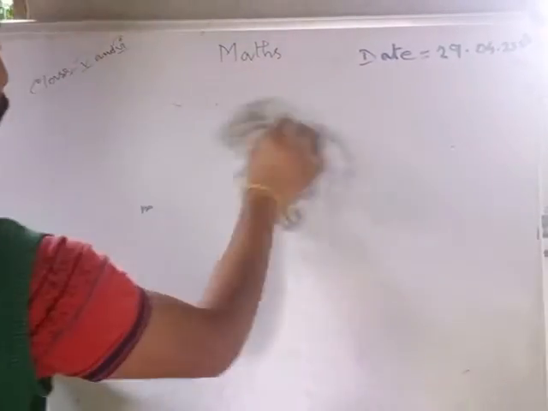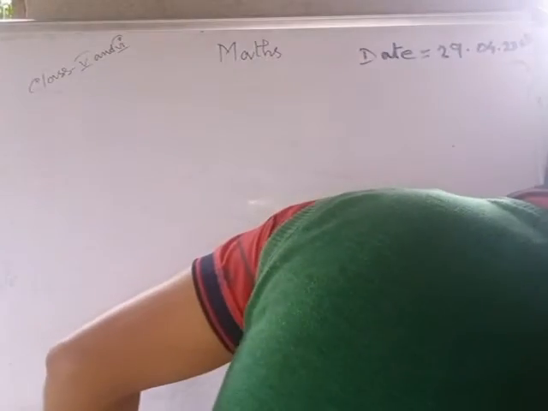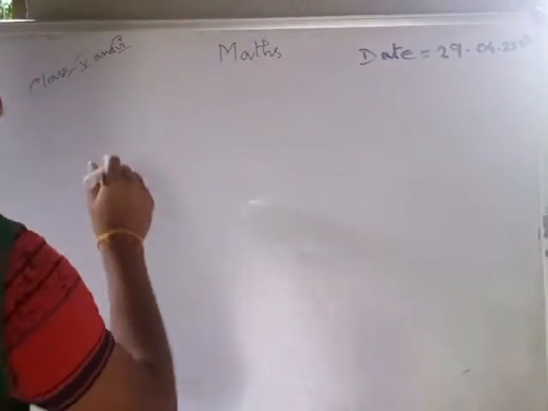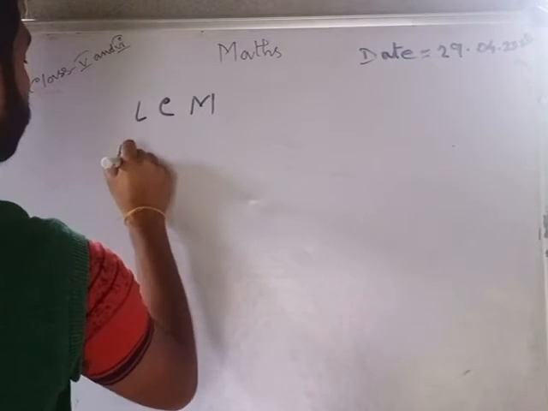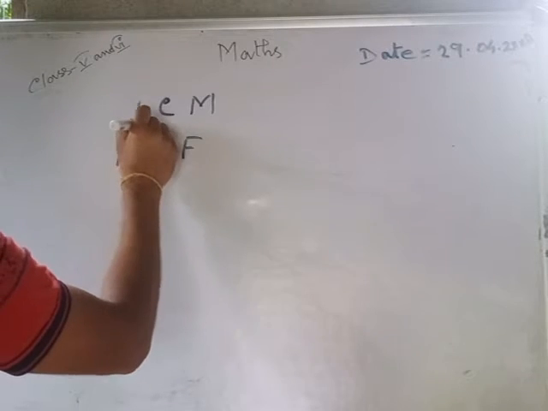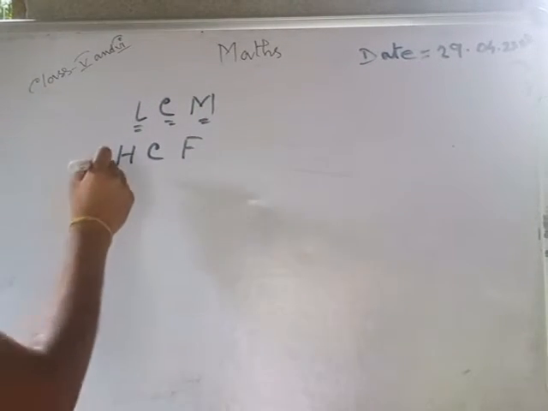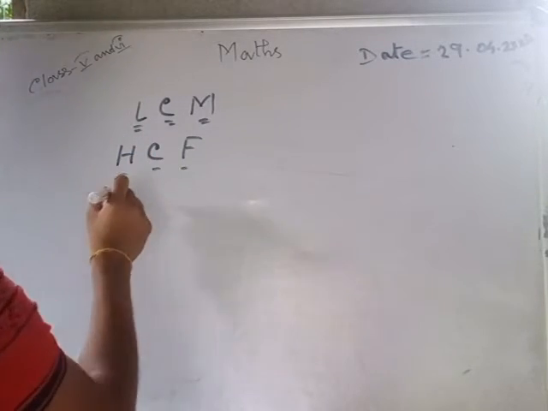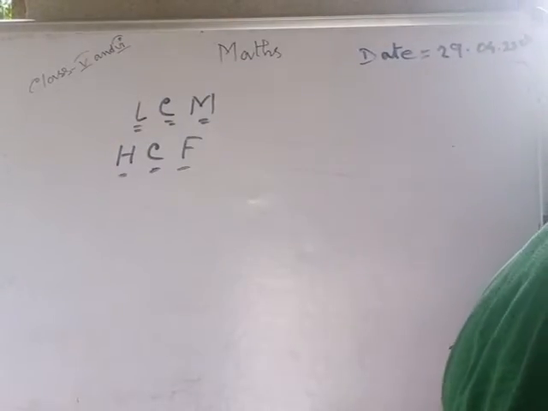After that we should go to what is LCM and what is HCF. LCM means lowest common multiple, and HCF means highest common factor.